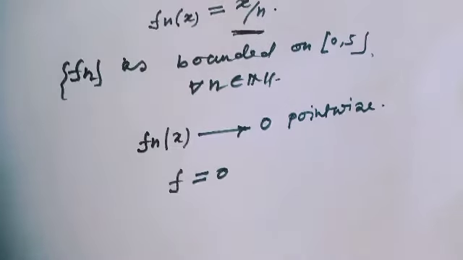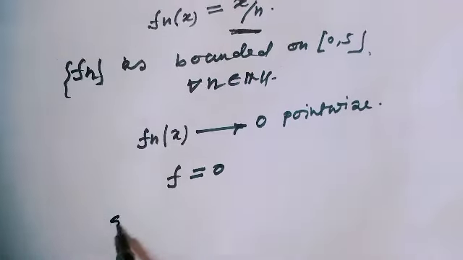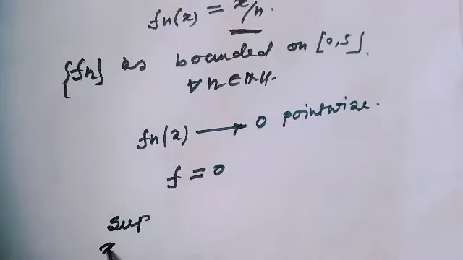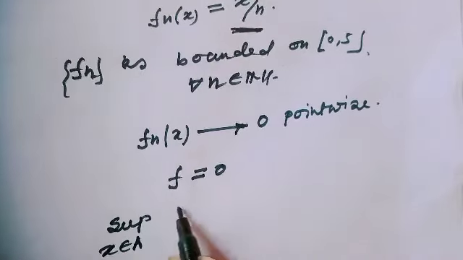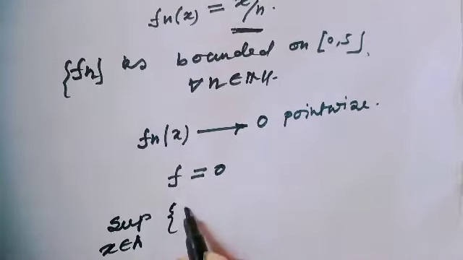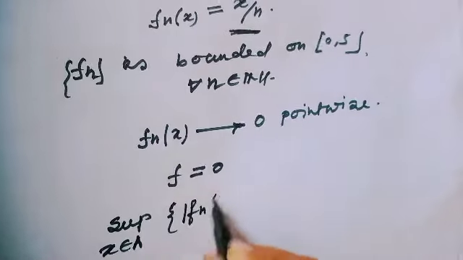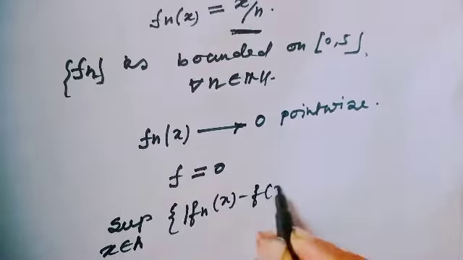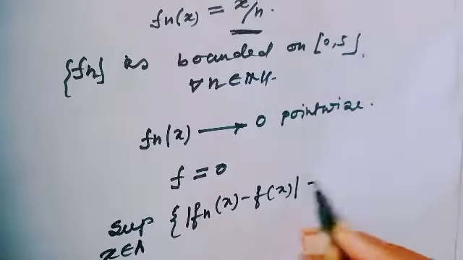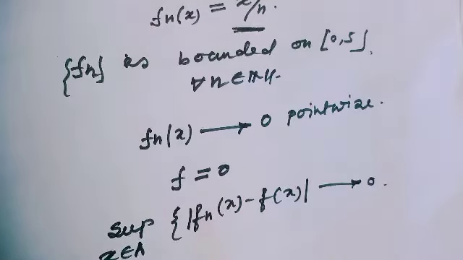That means we have to prove that the supremum over x belonging to A of |fn(x) minus f(x)| tends to 0.